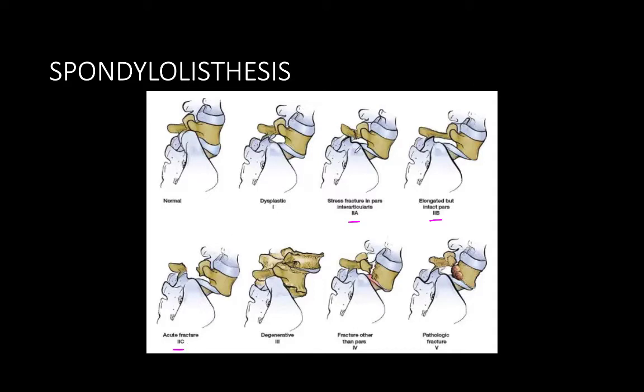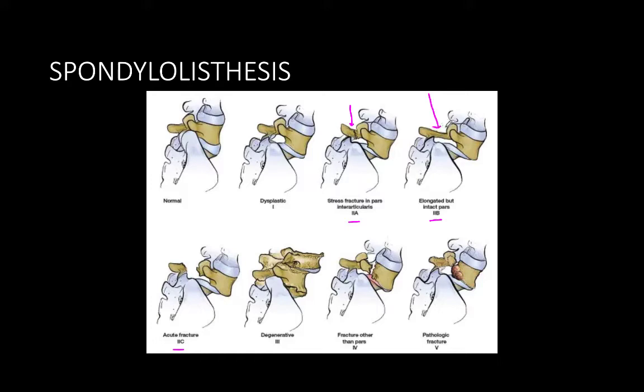So you'll notice the subtype A, which we're also familiar with, is the stress fracture at the pars, generally leading to an anterolisthesis. Scotty the dog's wearing a collar, typically young, athletic, really active individuals, often hyperextending. And then you have the type 2B variety, which is basically an elongated pars, but it's intact.